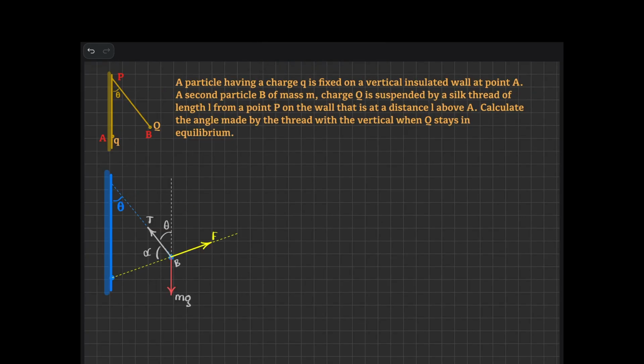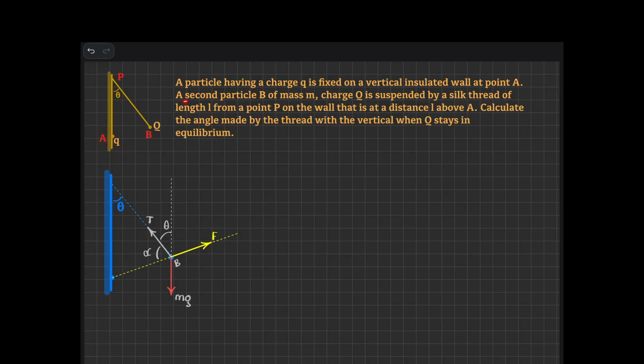Now consider this problem. A particle having charge q is fixed on a vertical insulated wall at point A. Here is the point A and here is charge q, which is fixed to the wall.